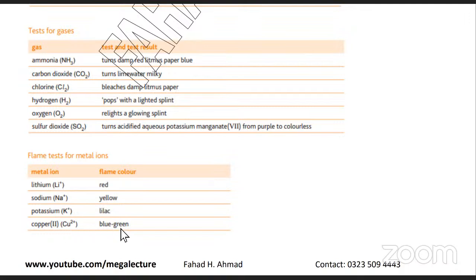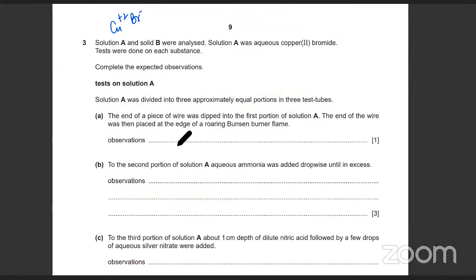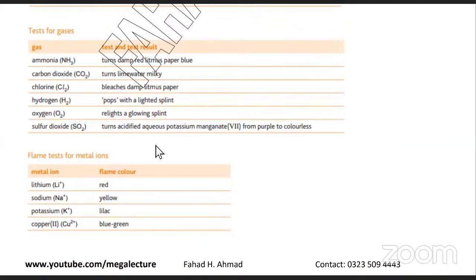Copper ions होंगे ना, so it's going to be a blue green flame. That's what's going to happen in this case. ठीक है, पहला part. The observation is when you put it in a roaring Bunsen flame, because it's got copper ions, it's going to have a blue green flame. Is that clear? Yes. ये डेटा शीट याद रखनी है आपने और कुछ भी नहीं करना है इसको. Just make sure you remember all these tests and observations.